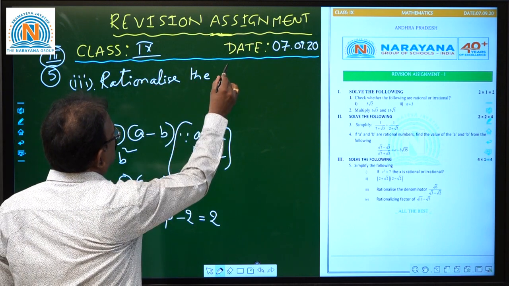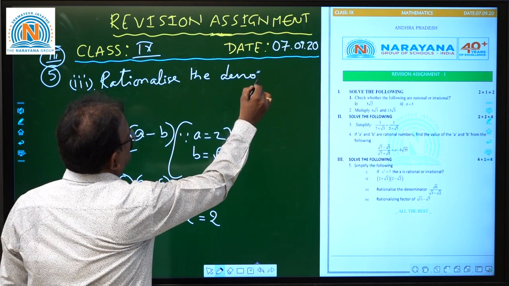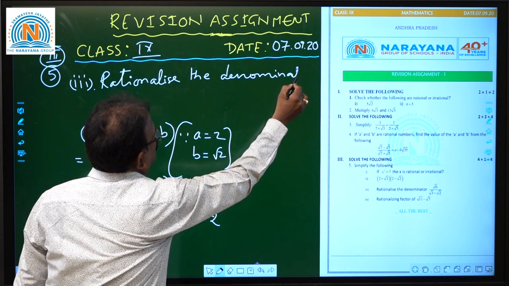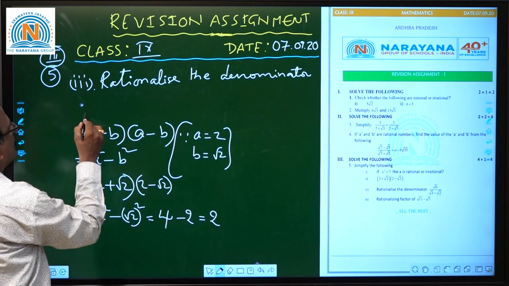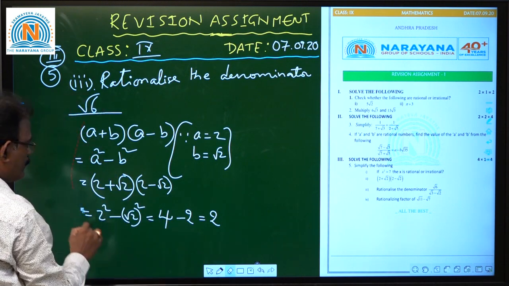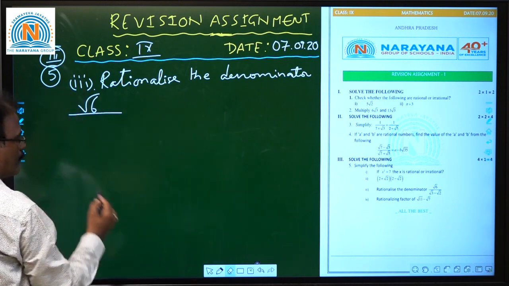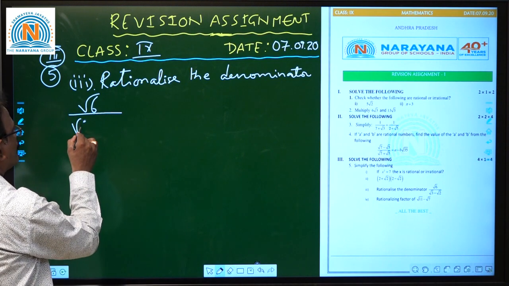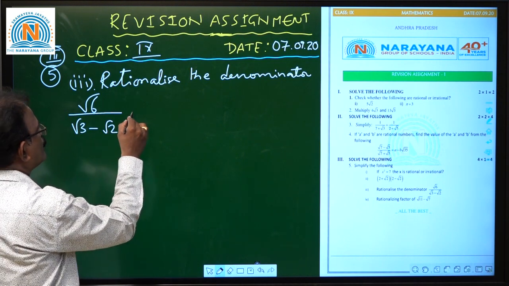Rationalize the denominator, that is root 6 divided by root 3 minus root 2.